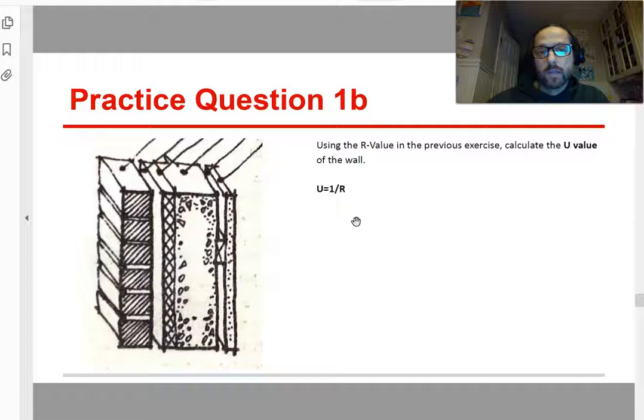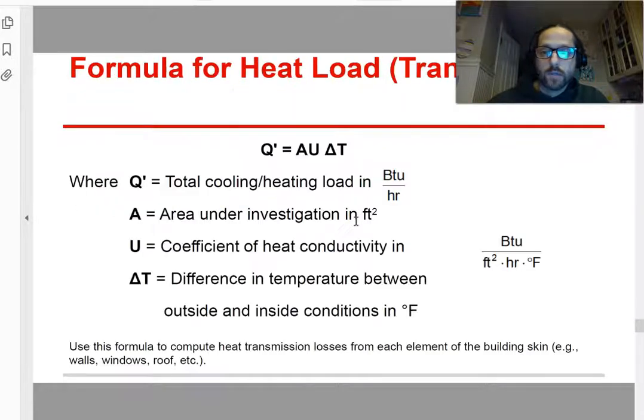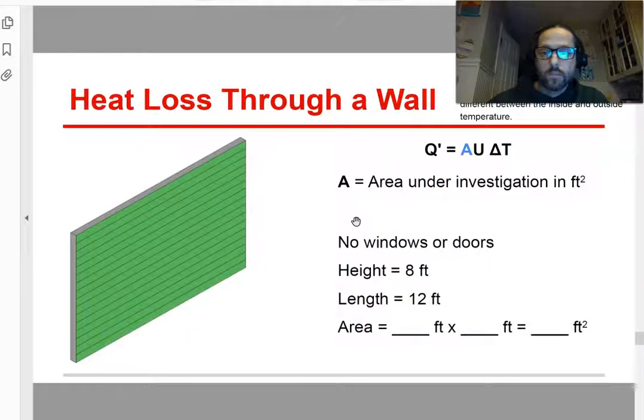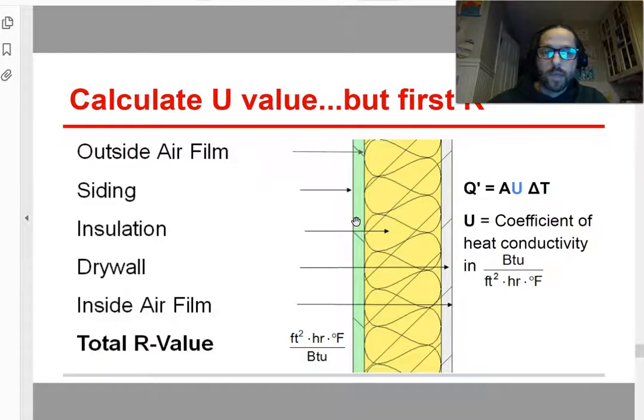And then you can calculate the heat loss, right? Then we have our heat loss equations, our UA delta T, and the seasonal heat loss, which, again, I'll go over in a subsequent presentation, and that's UA times HDD times 24.